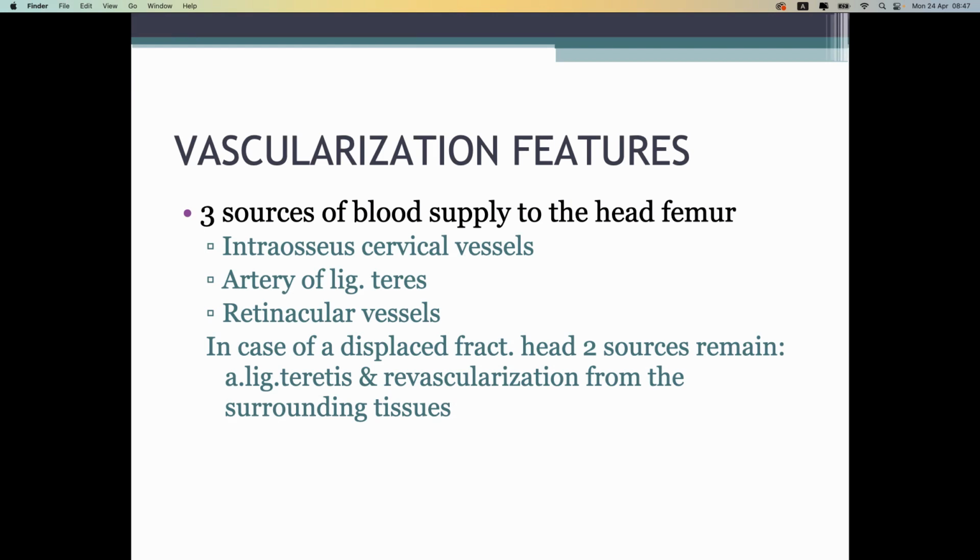Only one vessel can support the head of the femur, which is the intracervical vessel. But if the patient has a neck of the femur fracture, the intracervical vessels get interrupted. And this is the most important vessel in this area, the intracervical vessel. Okay, most of the blood supply comes exactly from this vessel.